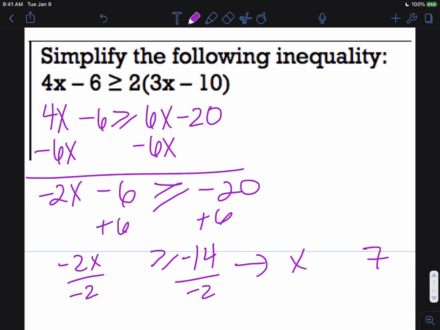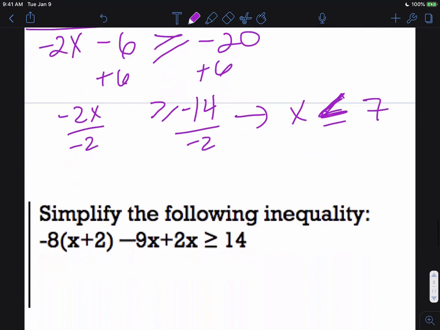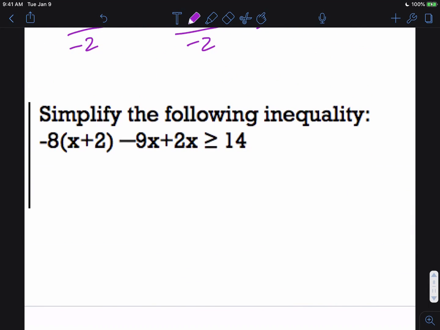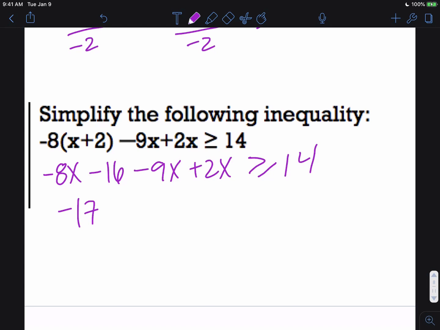Since I did multiply or divide by a negative number on both sides, my symbol changes directions. It is x is less than or equal to 7. Next one. Simplify the following inequality. Again, same thing. Let's combine like terms.